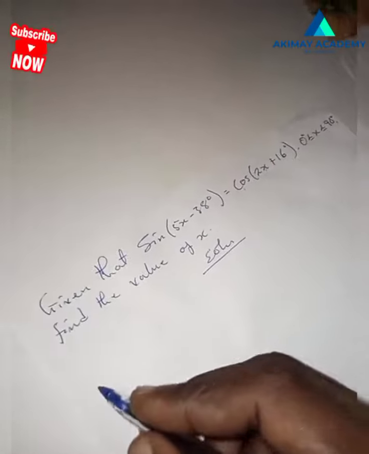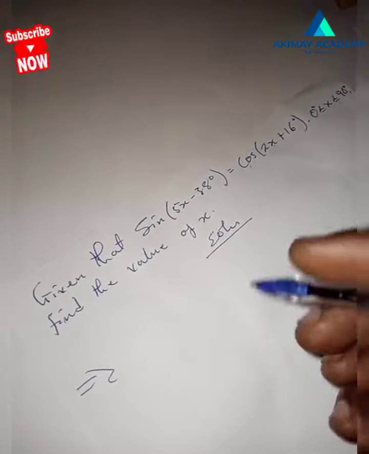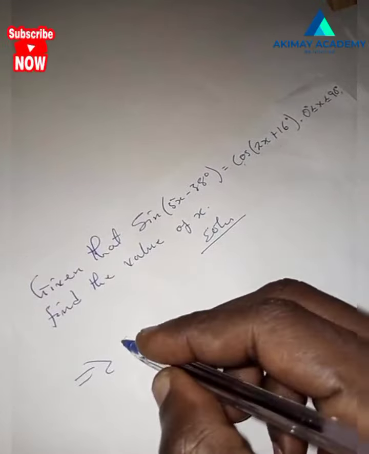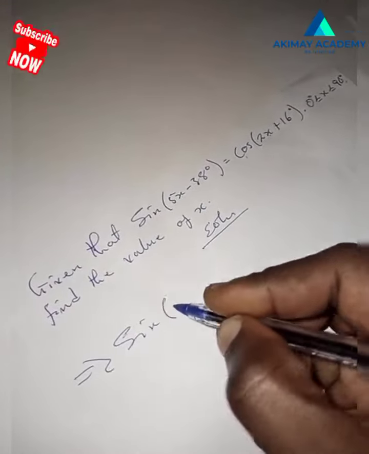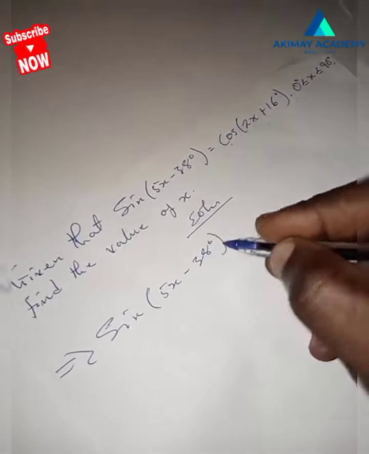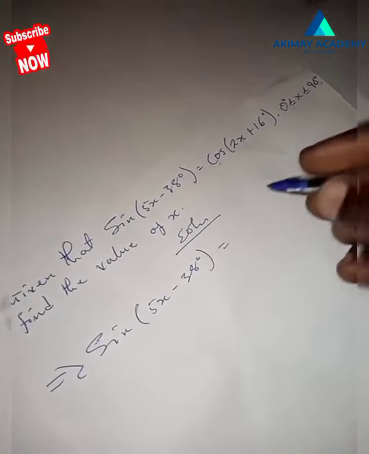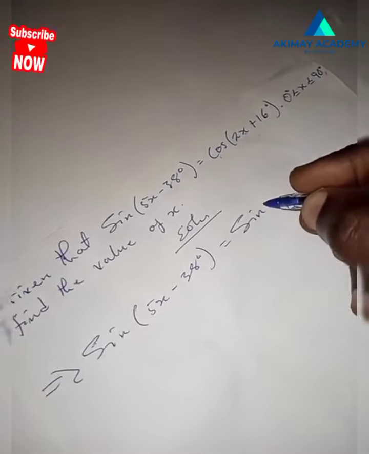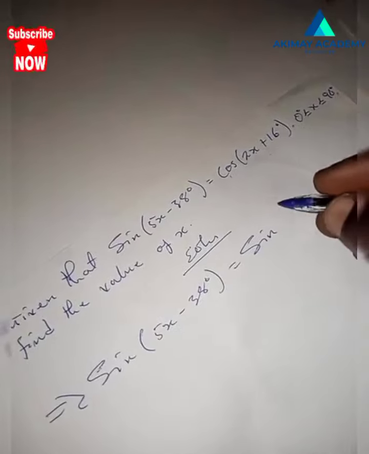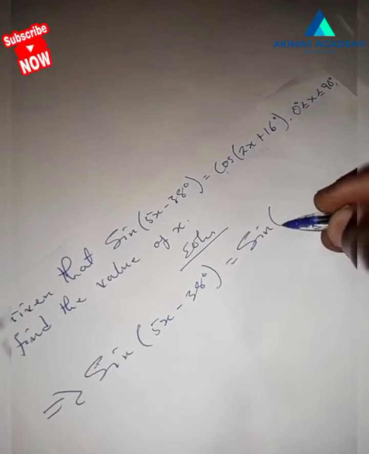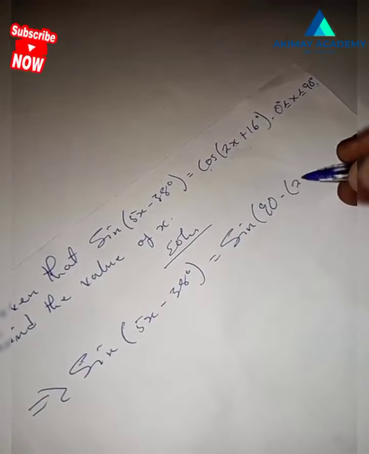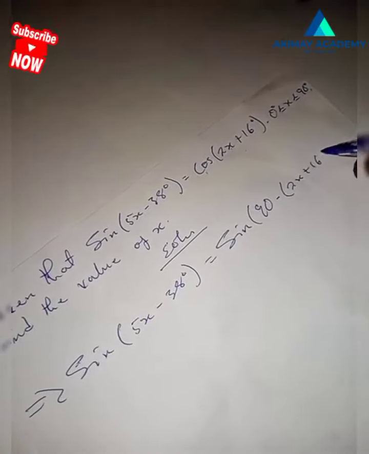Good. So let's convert this one. I prefer we convert this one. So we have sine(5x minus 38 degrees), and this should be equal to the sine of 90 minus this value. So we have sine of 90 minus, let's put this in brackets, (2x plus 16 degrees).